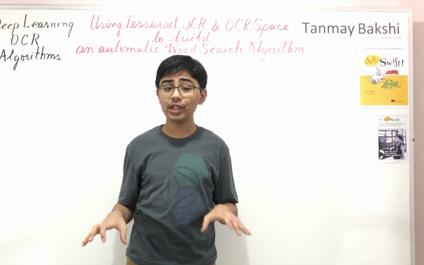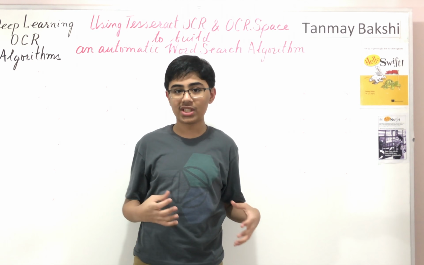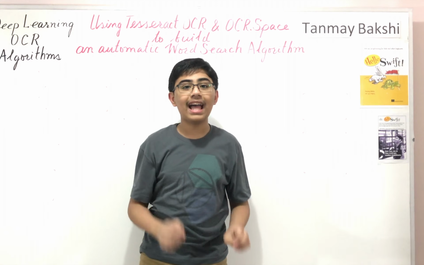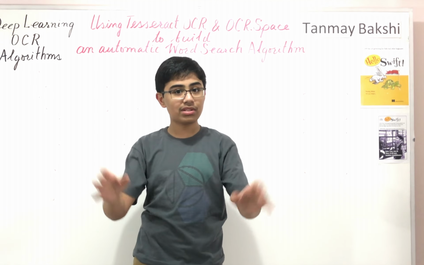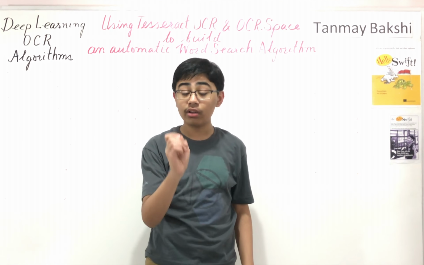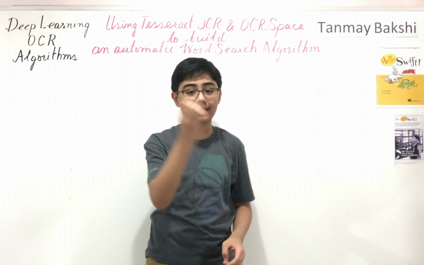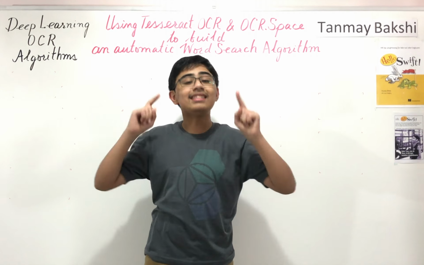So basically what we're going to be doing today is we're going to create a shell script that can take two images. First of all, the word search itself, the matrix of letters, as well as the word list of words inside of that word search. It's then going to take those two, run them both through an OCR platform, Tesseract and OCR.Space respectively for the matrix and word list, and then those results will then be processed, sent over to Swift.